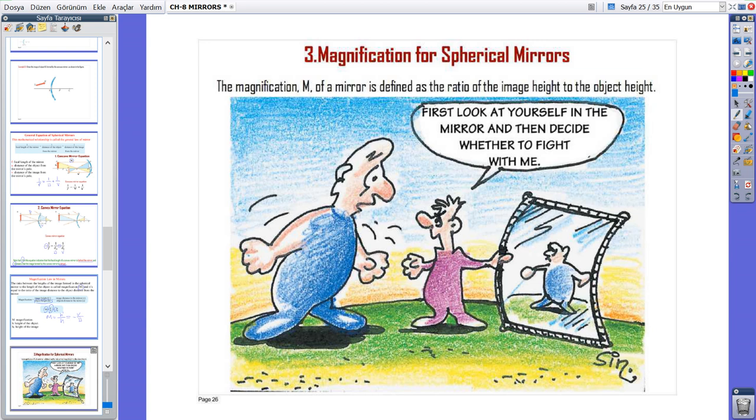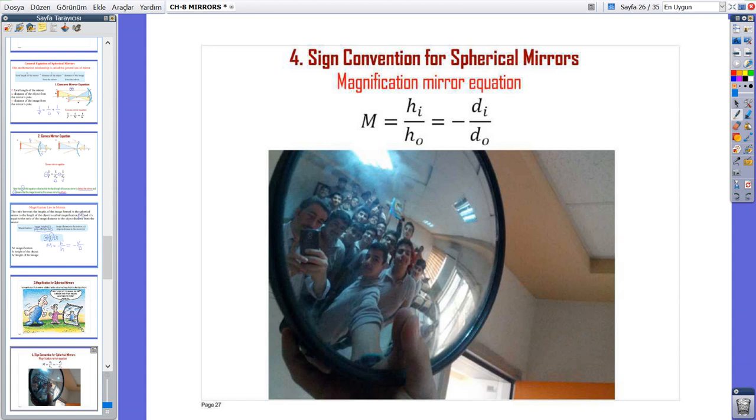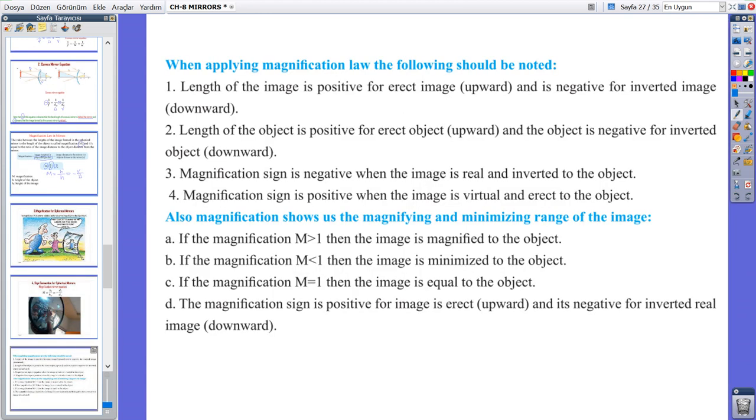Magnification for a spherical mirror: the magnification M of the mirror is defined as the ratio of image height to object height. When we are applying the magnification law, we should memorize some properties.